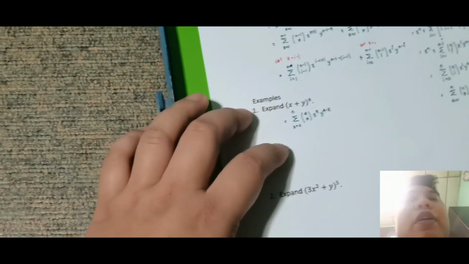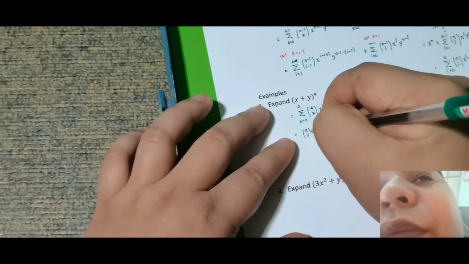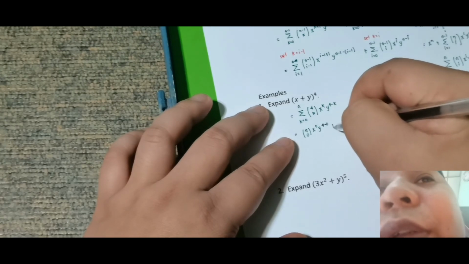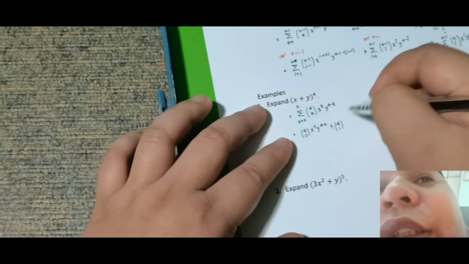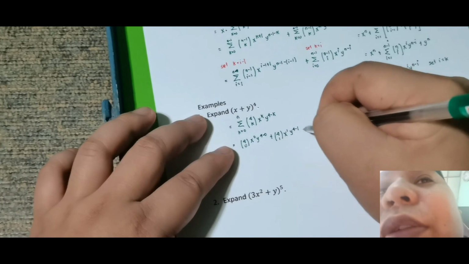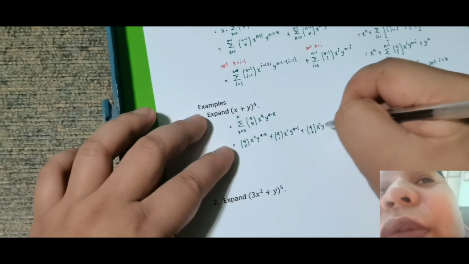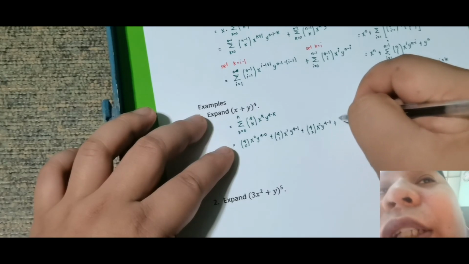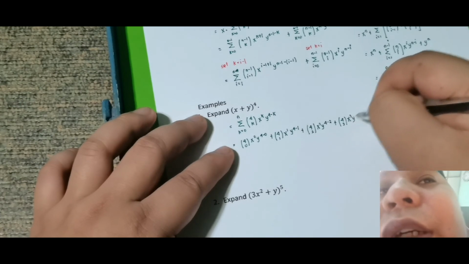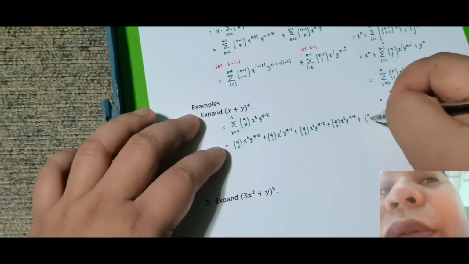We start from 0 up to 4 because there are that many terms. First is 4 taken 0, then x raised to 0, y raised to 4 minus 0, plus 4 taken 1, since it's just consecutive, x raised to 1, y raised to 4 minus 1, plus 4 taken 2 of x raised to 2, then y raised to 4 minus 2, plus 4 taken 3, this is x raised to 3, y raised to 4 minus 3, then plus our last, this is 4 taken 4.